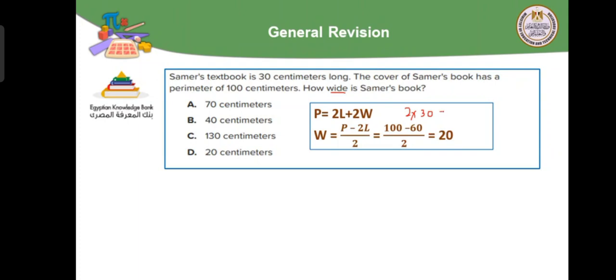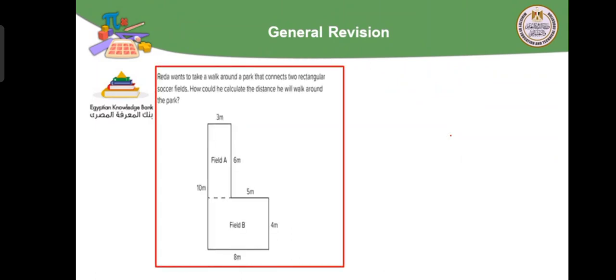From 40, because 100 minus 60 equals 40, divided by 2. 4 divided by 2 is 2. 0 divided by 2 equals 0. So the chosen answer will be 20 centimeters. Look at here. This is our question. Okay, then we choose from this.